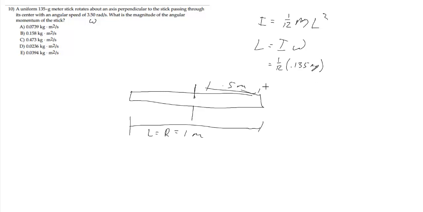Okay, and this length is not the length from the center of rotation. This is actually the length of the entire rod. This is specific to a straight rod spinning in a circle around its axis, a thin rod specifically. So this is going to be L, which is 1, obviously, squared, times omega, which is 3.5 radians per second.